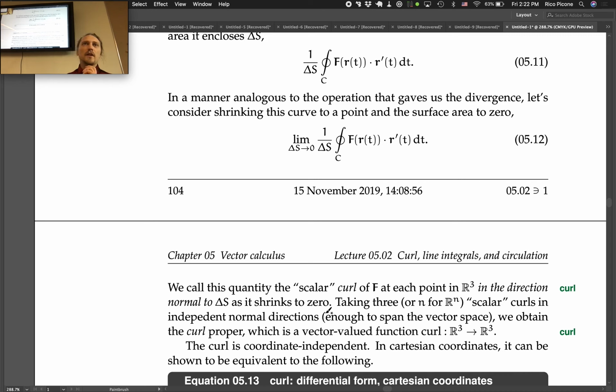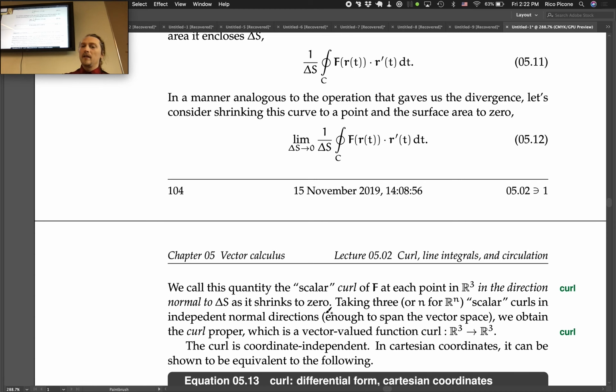So as it shrinks to 0, even if your curve is not on a plane, as it shrinks to a point, it will be approximated better and better by a planar surface. And we will get the curl in the direction of the normal to that surface. Okay?